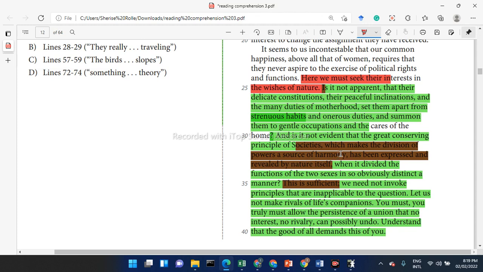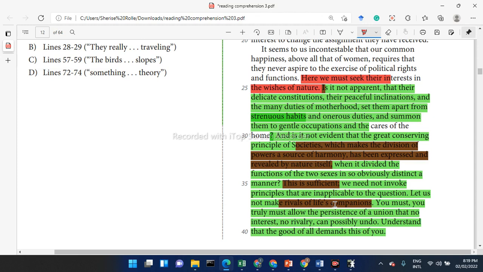That's his case, right? And then he says, let us not make rivals of life companions. What is he trying to say? Let us not make rivals of life companions. Let's not go against one another.